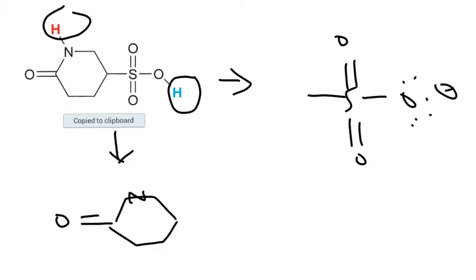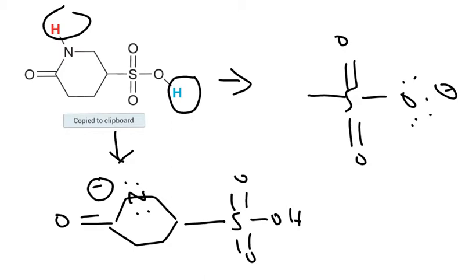But this is nitrogen, and now it has two lone pairs, negative charge, and then S double bond O, OH. Right, again, what are we comparing? Here we have a negative charge on nitrogen. Here we have a negative charge on oxygen. They can both do resonance.